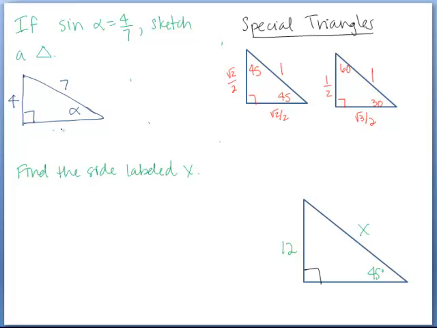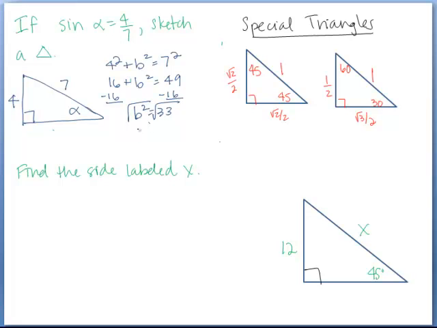So to figure out the other side of the triangle, we're going to have to use the Pythagorean theorem. 4 squared plus b squared equals 7 squared. So 16 plus b squared equals 49. So b squared equals 33.